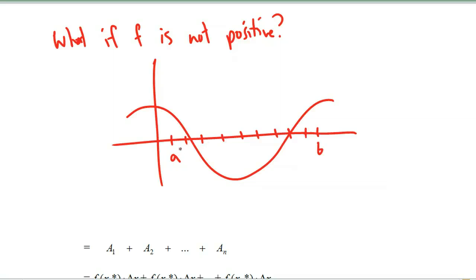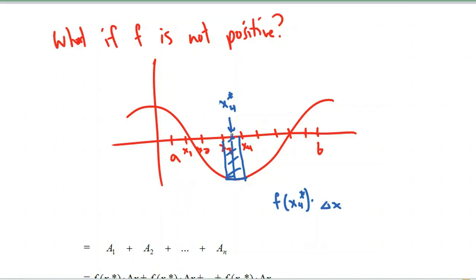Well, if we look on one of these subintervals, so if we call this x1, x2, x3, x4, and so on, and let's call this point here x sub 4 star, since we're in the fourth interval, and we draw the rectangle there, and we multiply delta x by f of x sub 4 star.